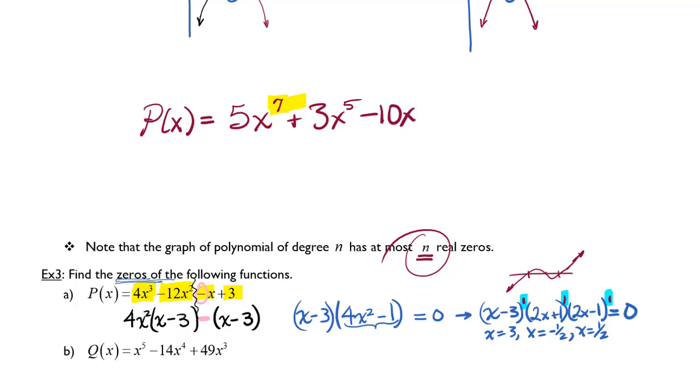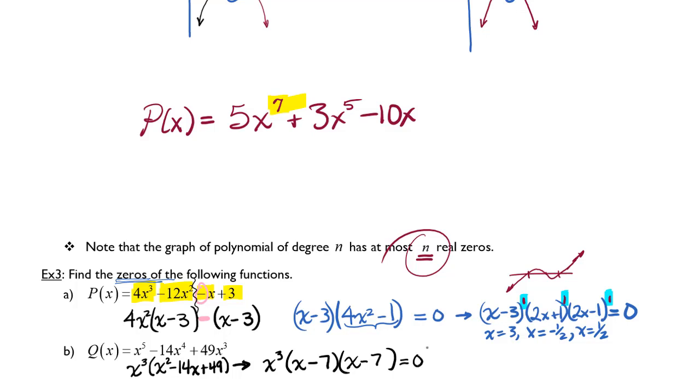Now let's look at q of x. I have a common factor of x to the 3rd. Factoring out x to the 3rd will give me x squared minus 14x plus 49. If I factor that further, I will have an x cubed, an x minus 7, and an x minus 7.